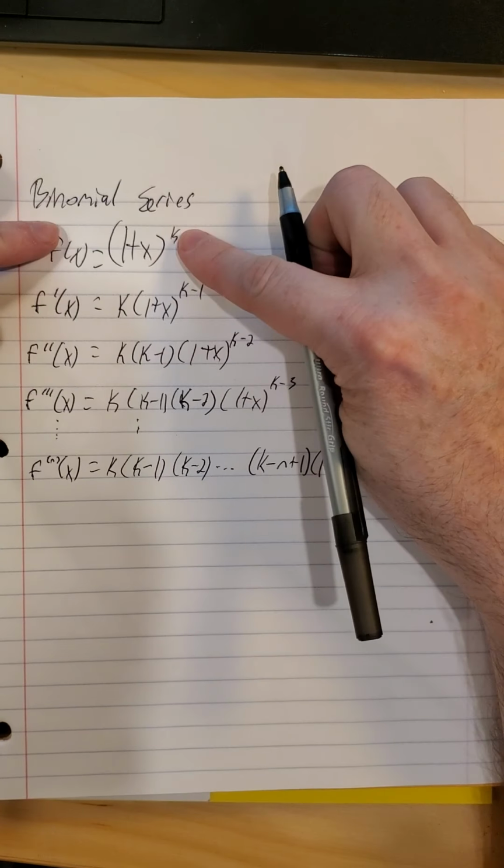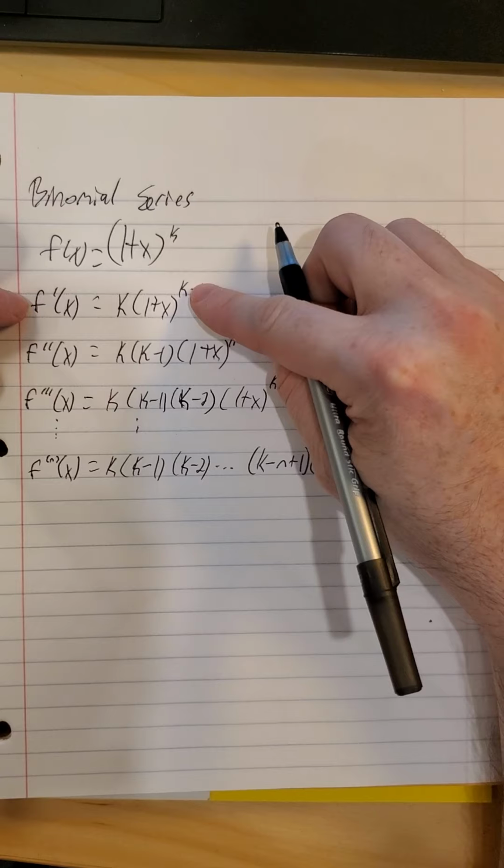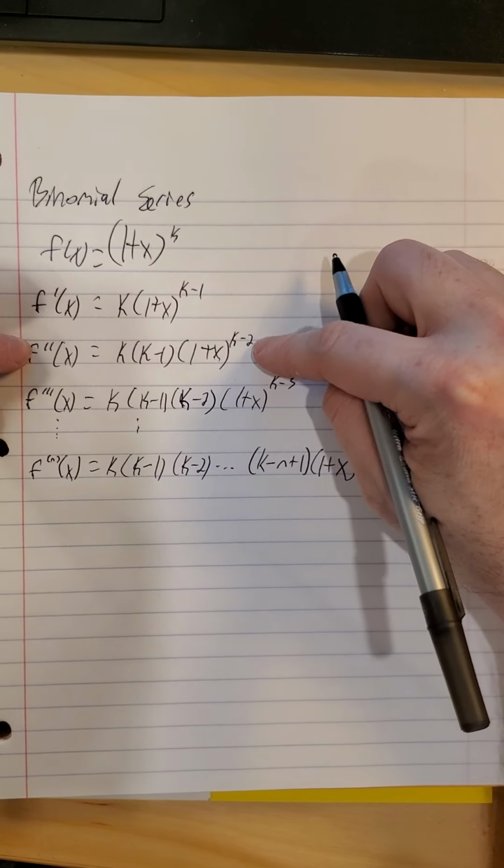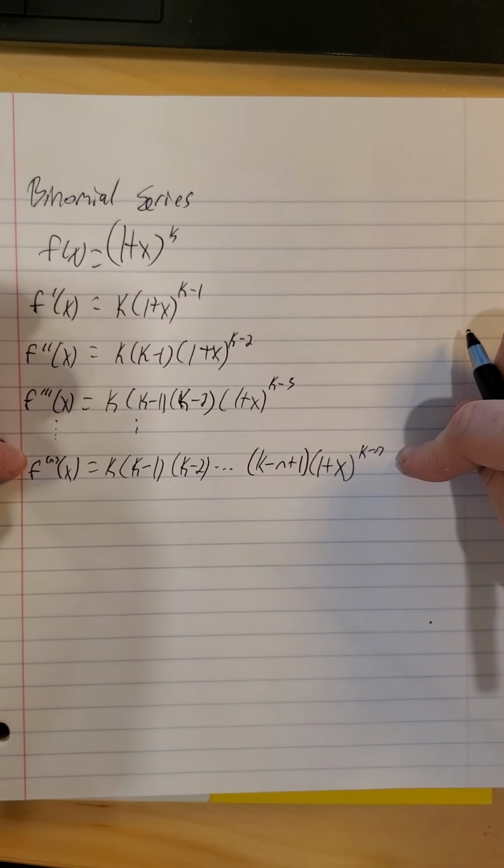So 0th derivative, k minus 0. First derivative, k minus 1. Second derivative, k minus 2. Nth derivative, k minus n.